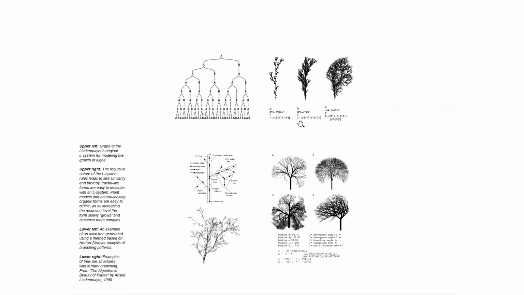Usually you would start with a primitive shape, and then there's a production rule, which is just a function that takes the shape and produces something else. The idea is that you apply this recursively as many times as you want, or as many branches as you want to have.